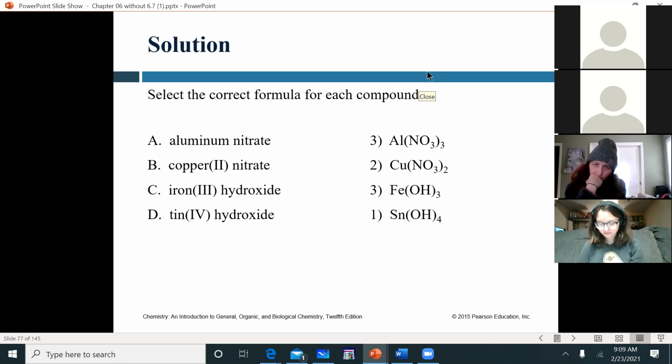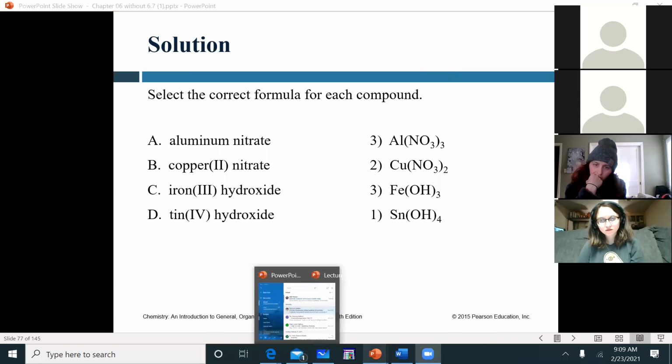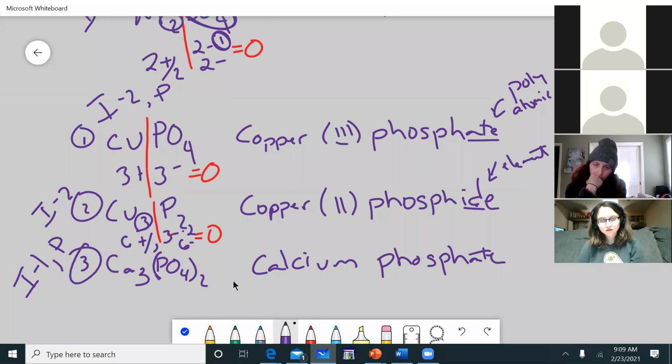Alex, why do we not put a charge on number 3? Let me see. So why isn't this calcium 2? Alex, where is calcium located on the periodic chart? It's in column 2. What is the charge on everything in column 2 always? It's a 2+.